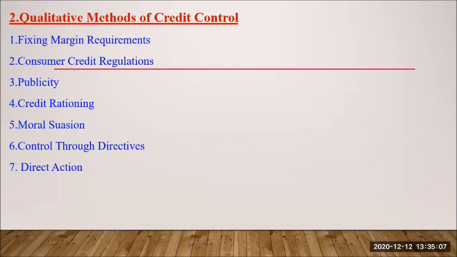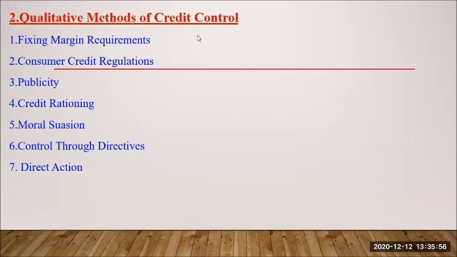Whatever changes are made by the RBI which may not be followed by certain banks, for such banks the RBI will issue a direct action, and RBI can also penalize the commercial bank for changing the rates on loans as well as interest. So all these are the qualitative methods of credit control.